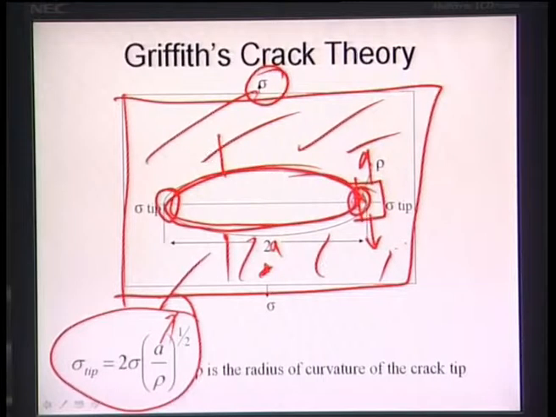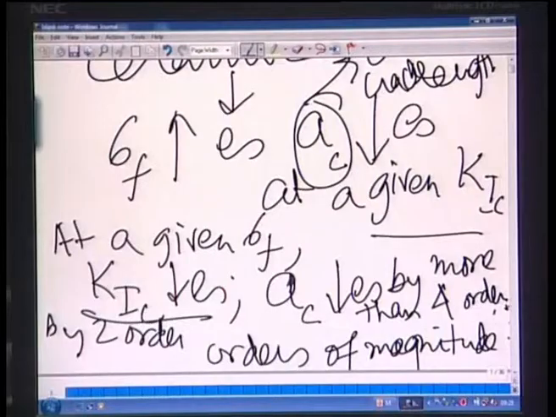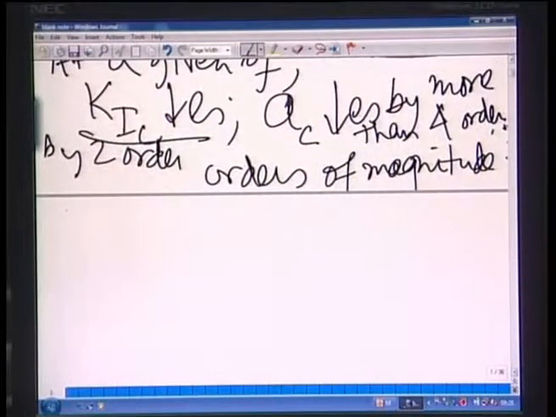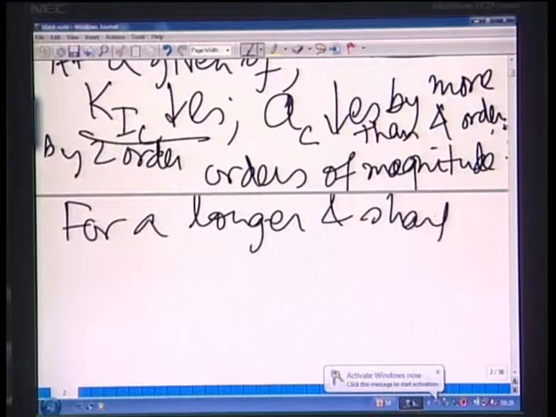So 2A is the total crack length, and what is rho? Rho is the radius of curvature at the crack tip, and this is important. It indicates what I mentioned in the last lecture, that for a longer and sharper crack, the stress intensity factor increases.